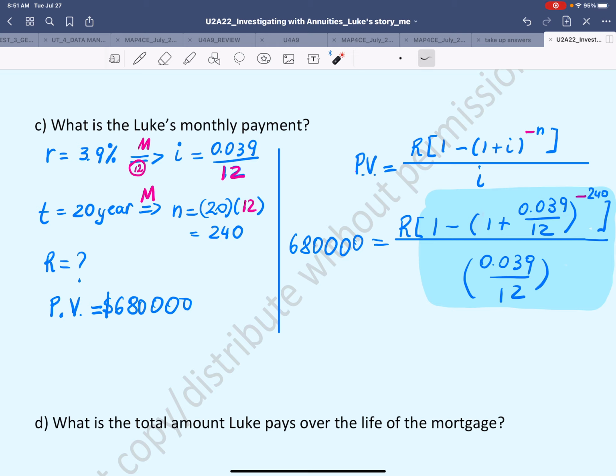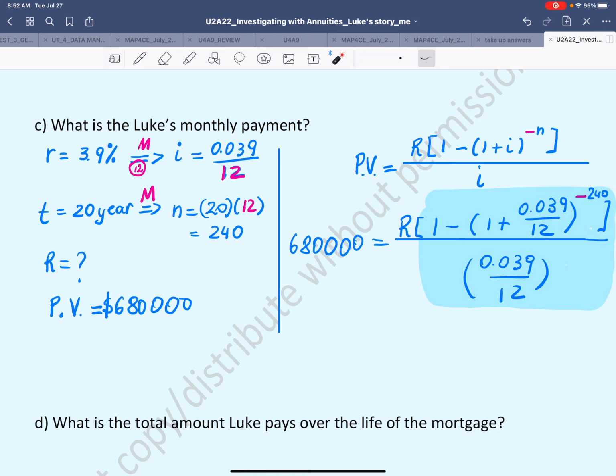Then open brackets again, 1, plus 0.039 divided by 12. Close the brackets, press the power button. It can be either a hat or y to the x, depending on the calculator. And don't forget that this is the negative sign, not the subtraction, in the calculator. Then press 240. Now you've got to close the brackets. So the bracket you open in here, you've got to close in here, right?